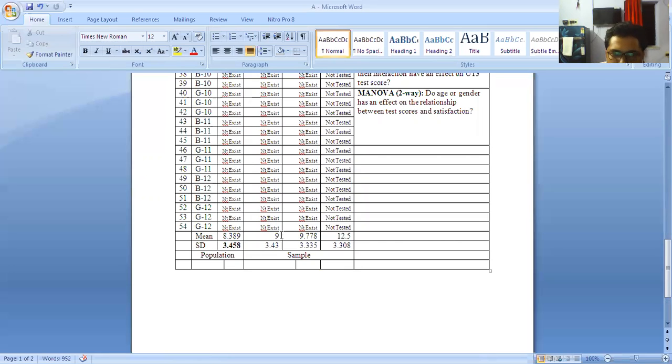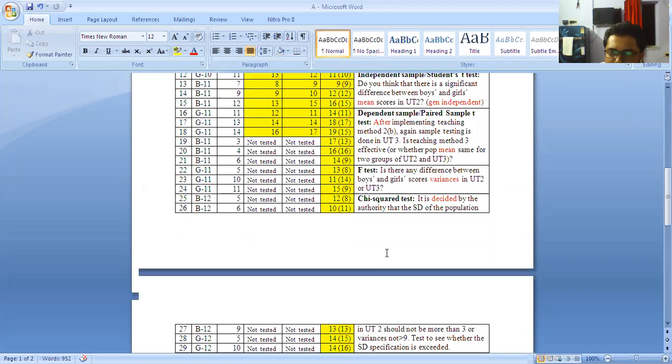And now after implementing the teaching method 2A, you are having the score of mean 9. But this is not the population mean, this is the sample mean. You don't know about the population. So can you say that your population mean has changed as compared to the previous mean of 8.389?